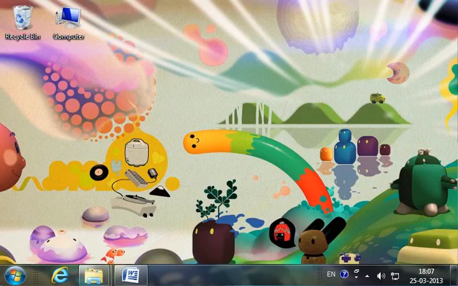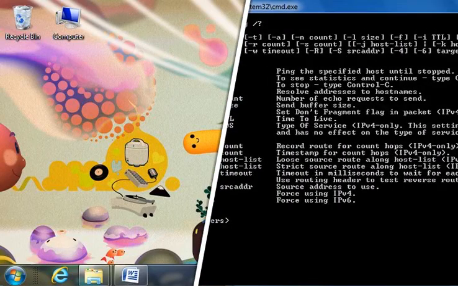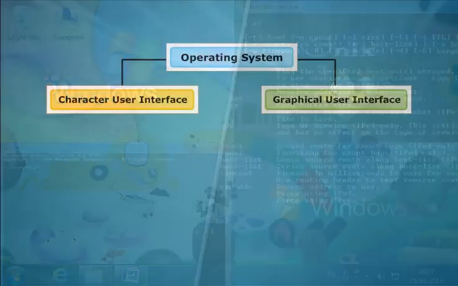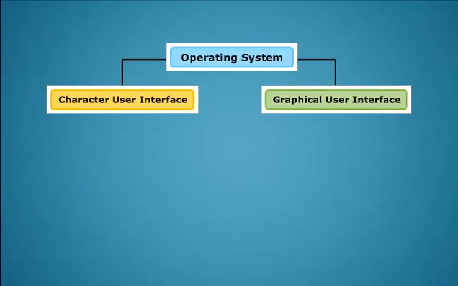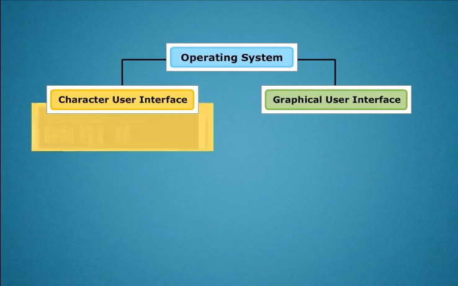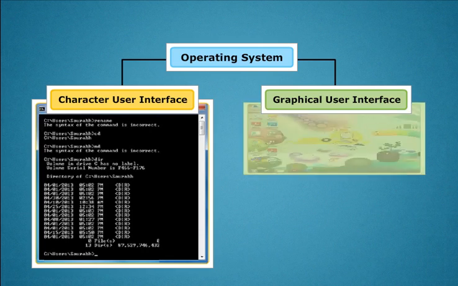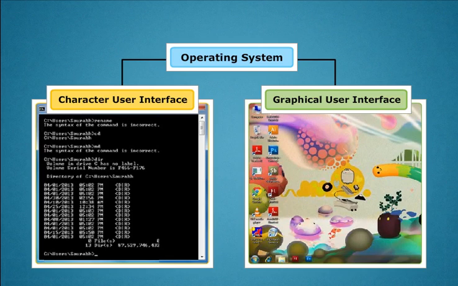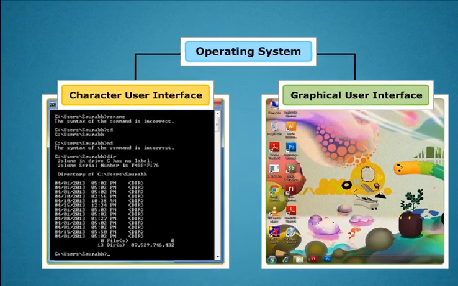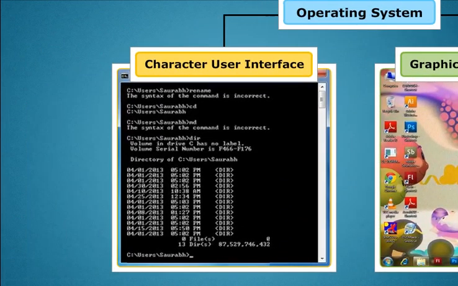Operating system can be user-friendly with many icons and images, or it can be just text or characters based. Based on this feature, operating system can be categorized into two types: Character User Interface or CUI, and Graphical User Interface or GUI. Look at the following images. First image does not have any icons or images.